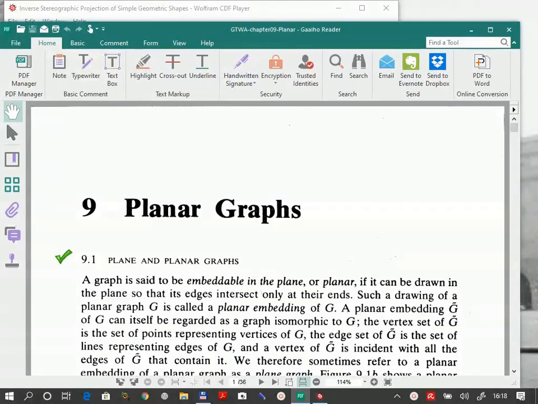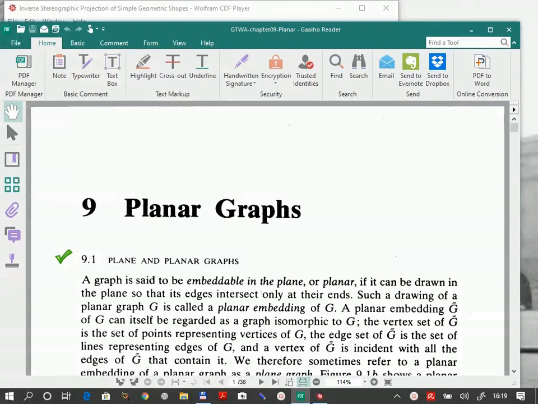This chapter, planar graphs, is important also for applications, but also because it gives us the connection to a broader part of mathematics, which is called topology, and which relates graphs, which we have seen just as combinatorial structures, algebraic structures, if you want to say so, okay?